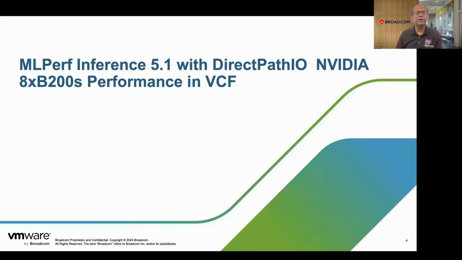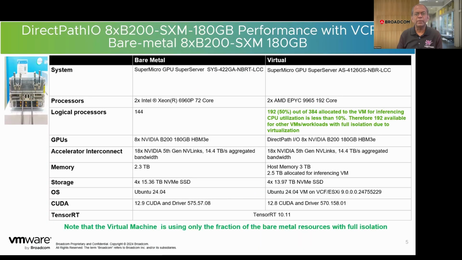Now let's do a deep dive into MLPerf Inference 5.1 performance with DirectPath IO, NVIDIA 8x B200 performance in VCF. DirectPath IO is also known as pass-through mode. We run the same benchmarks on bare metal as well as in the virtual environment. Our system was a SuperMicro GPU server.